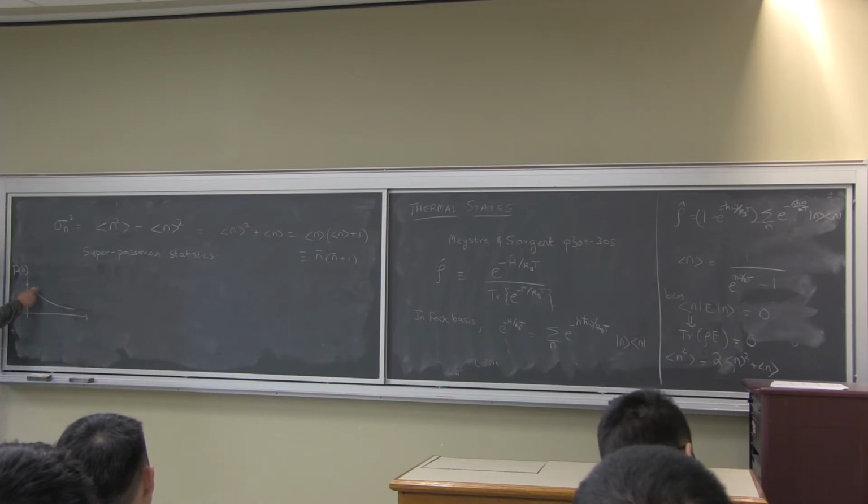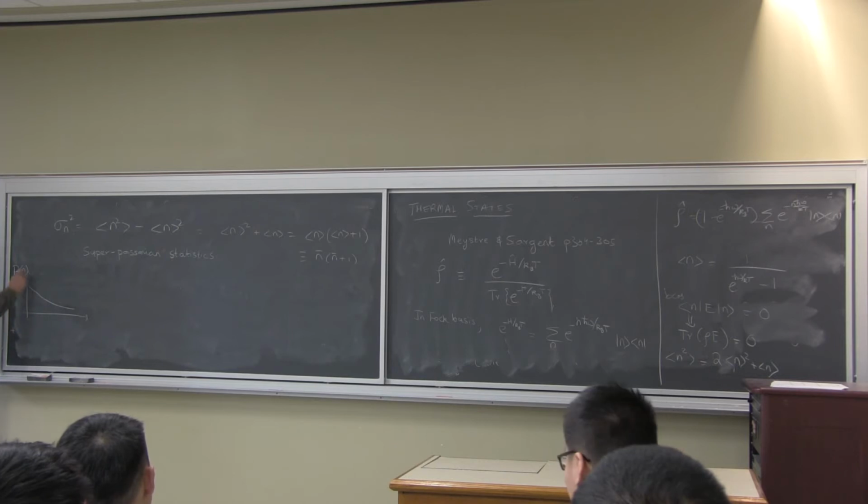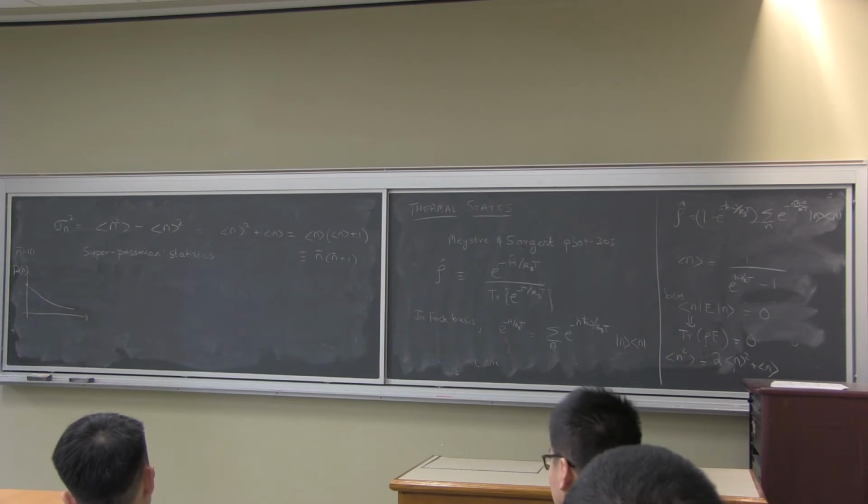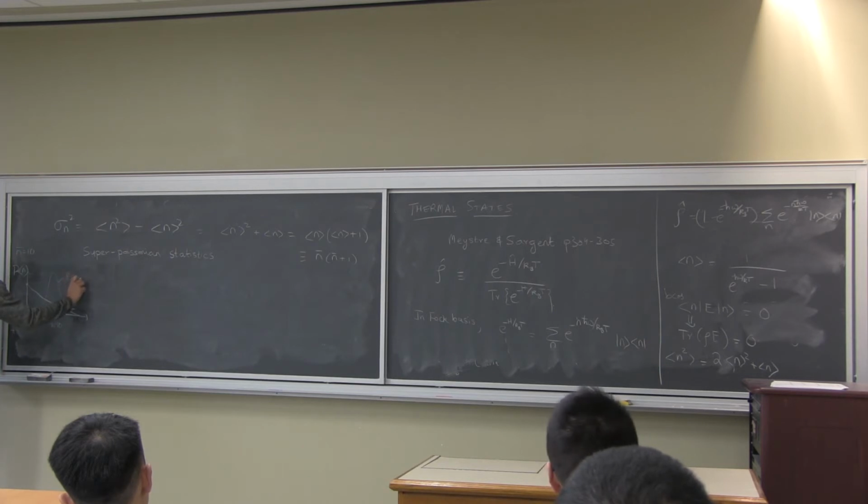So for example, if you compare a thermal distribution with n bar, say 10, you find that the peak is at 0, and of course for a Poisson distribution the peak is going to be somewhere at n bar equal to 10. This is Poisson, and this is thermal.